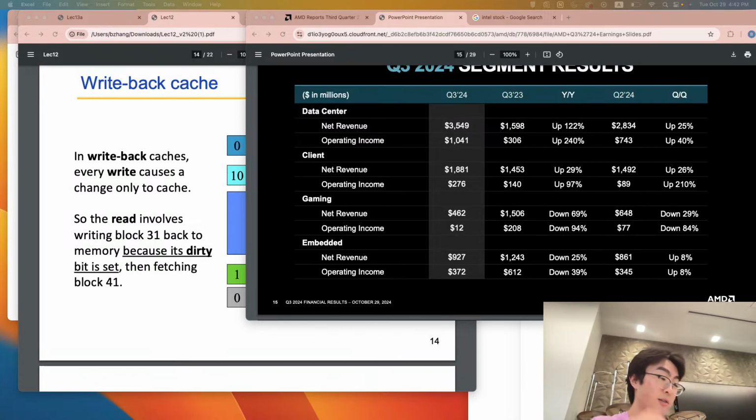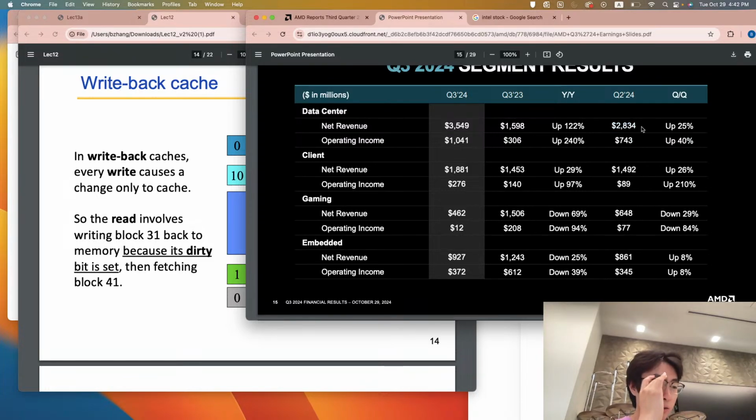So it is actually less than AMD now. Yeah, that's a rough one. Q3 23, Q2 24. Wow.